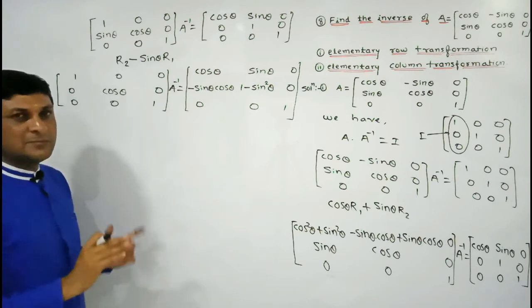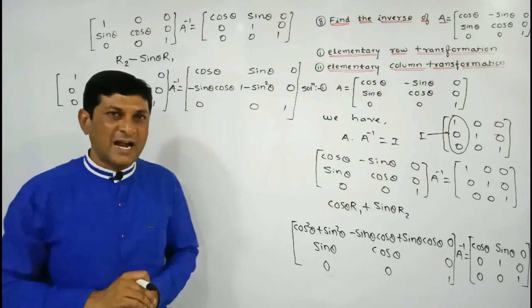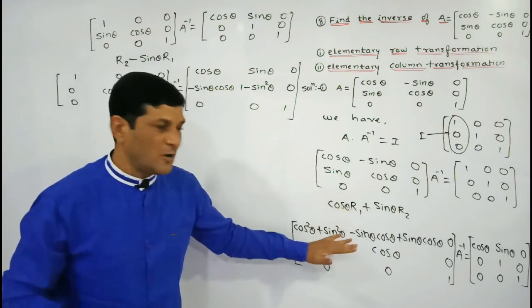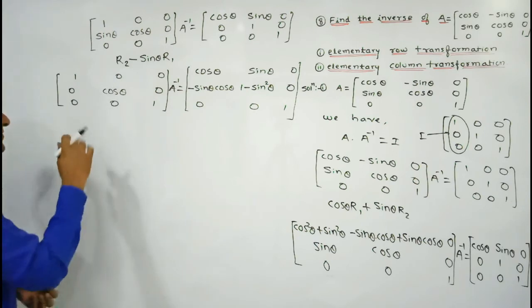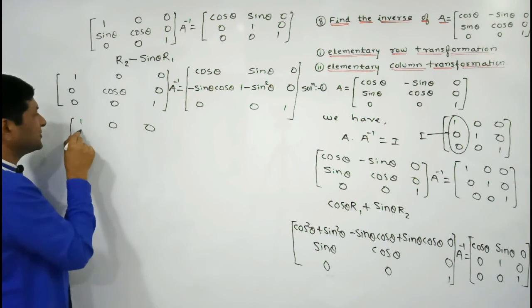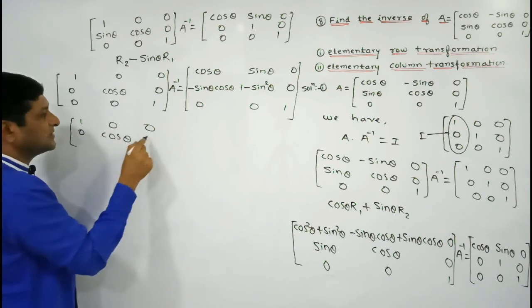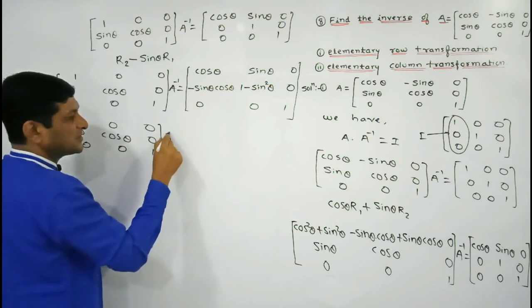In case the elements of the matrices are trigonometric functions, at that time after performing any operation, the next step will be the simplification part. Remember it. So here first let us simplify it. Here 1, 0, 0, 0, cos theta, 0, 0, 0, 1, keep it as it is. So A inverse also as it is.